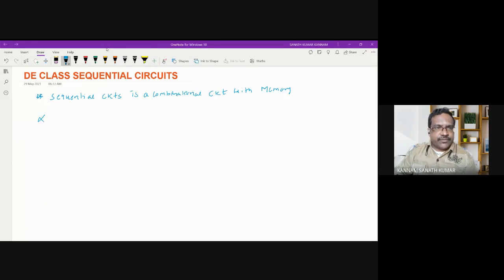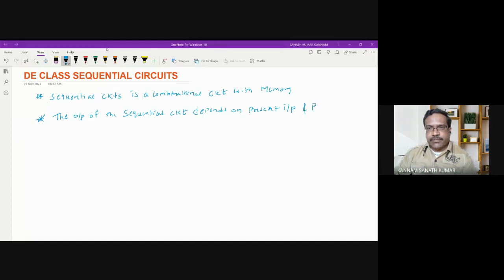Okay, so that means the output of the sequential circuit depends on the present input and the present state.